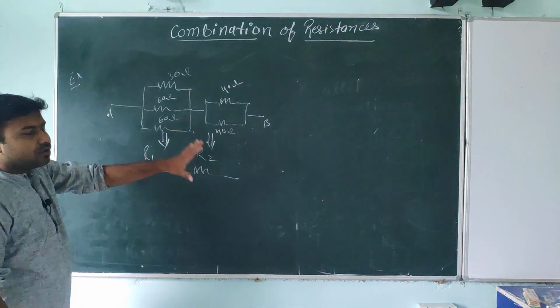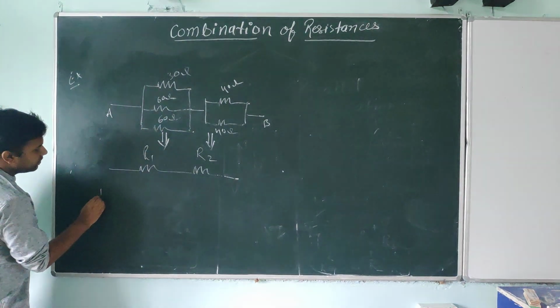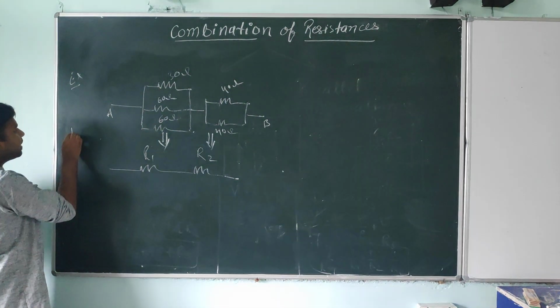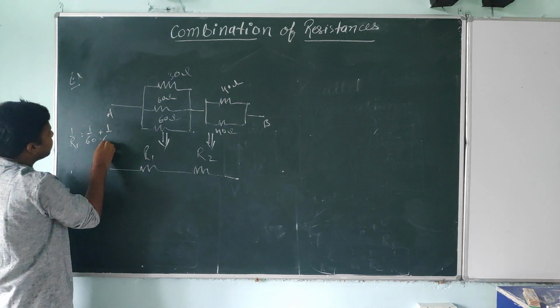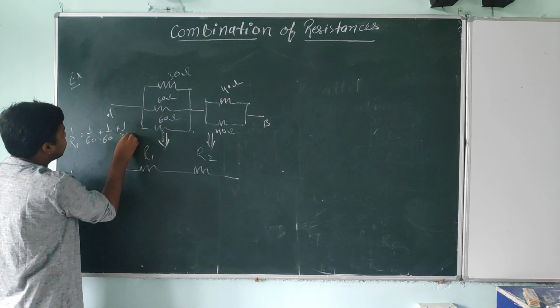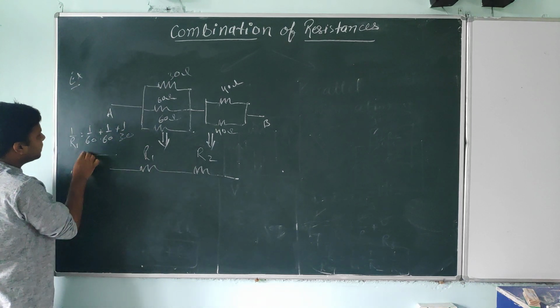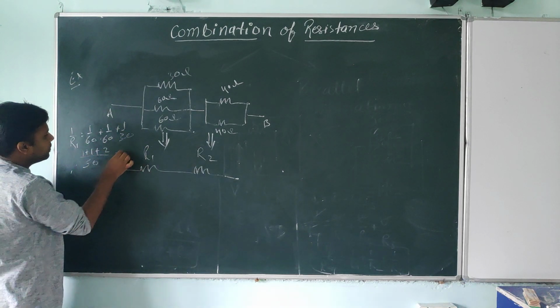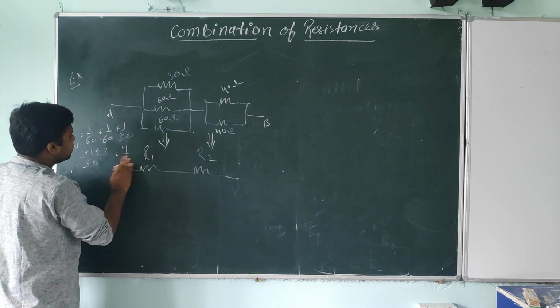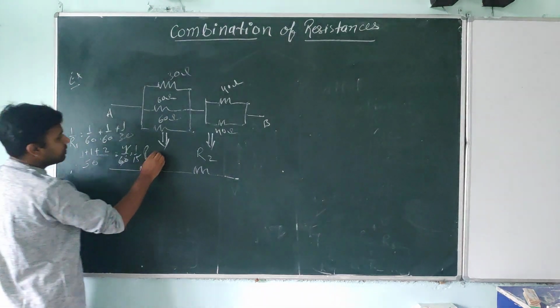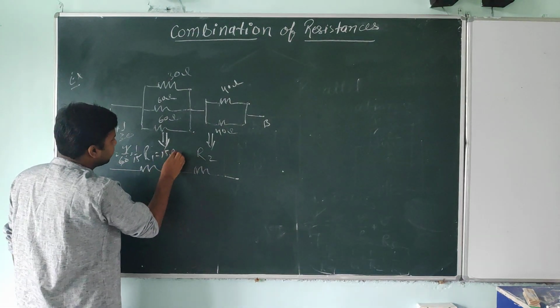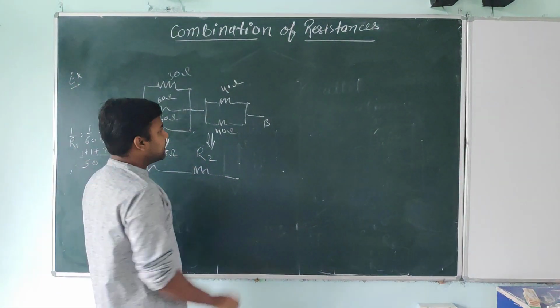You will apply the parallel combination formula. So what you will get? 1 by R1 equals 1 by 60 plus 1 by 60 plus 1 by 30. LCM is 60, 1 plus 1 plus 2, 4 by 60. What you will get? 1 by 15. So the value of R1, what you are getting? 15 ohm.